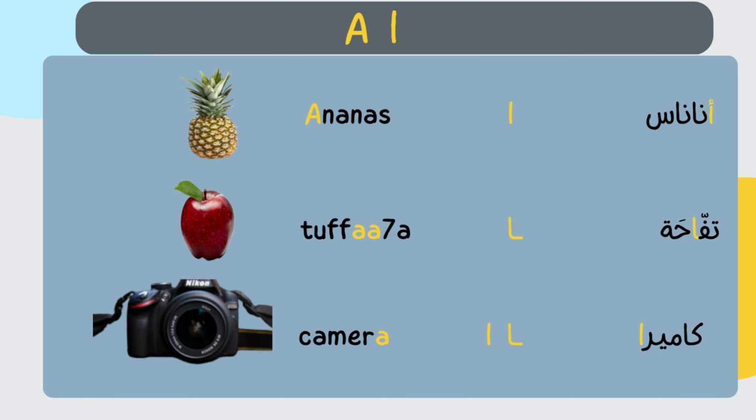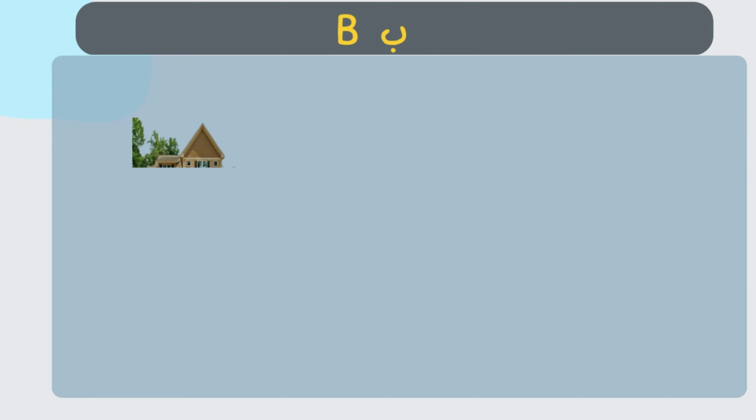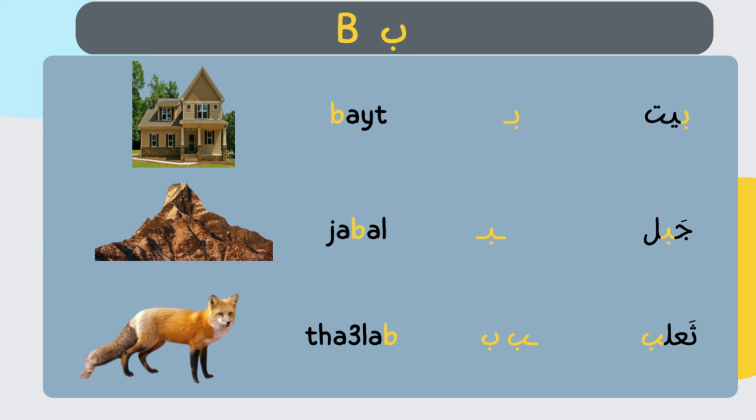Camera. Camera. Ananas is pineapple. Tufaha is apple. And camera is camera.